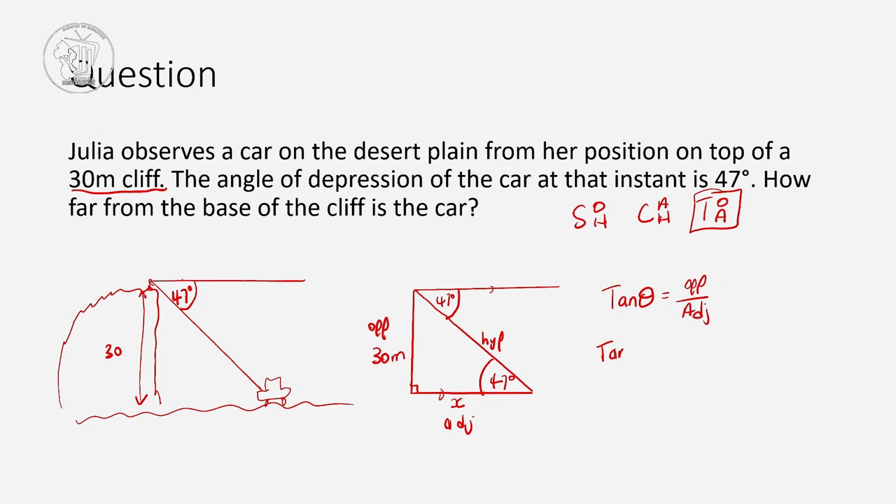So tan theta, in this case 47 degrees, is equal to the opposite, which is 30, over the adjacent, which is x, the one that we want to find. So we need to find x. We can take over x. X will multiply, so we'll have x multiplied by tan 47 is equal to 30. Hence x will be equal to 30 divided by tan 47.